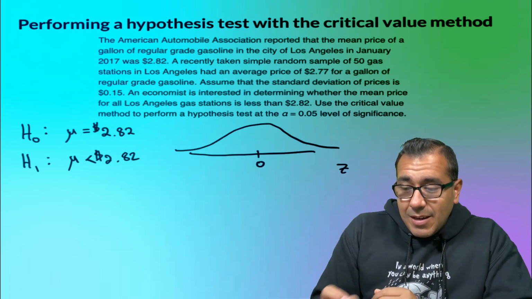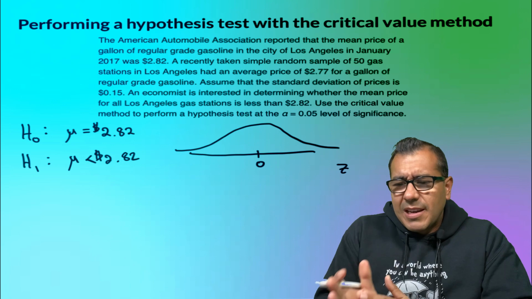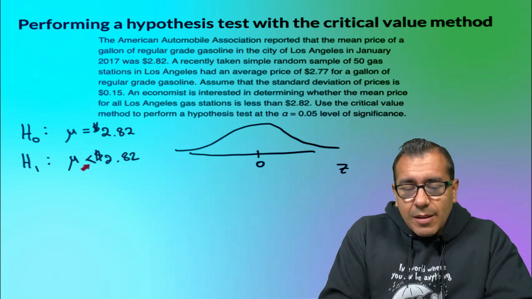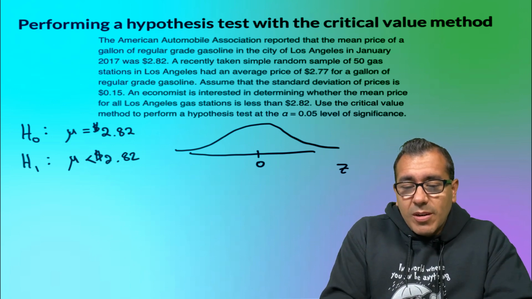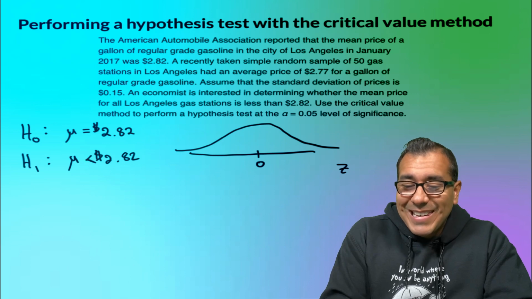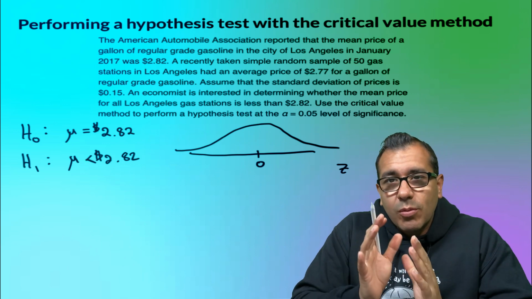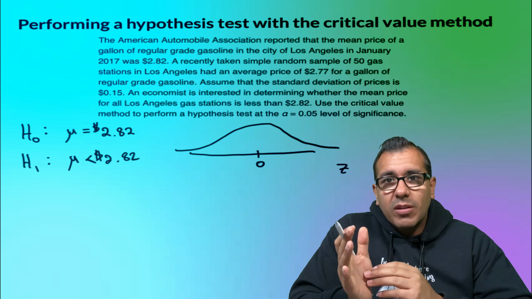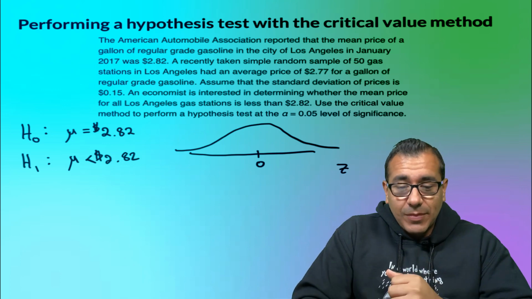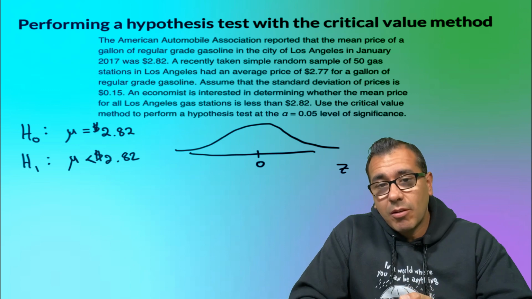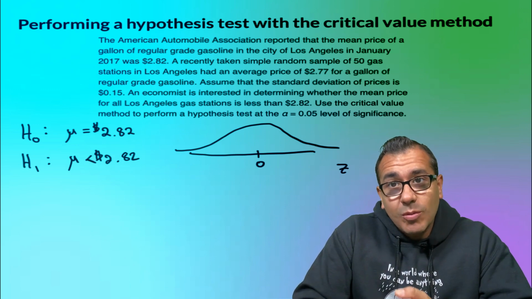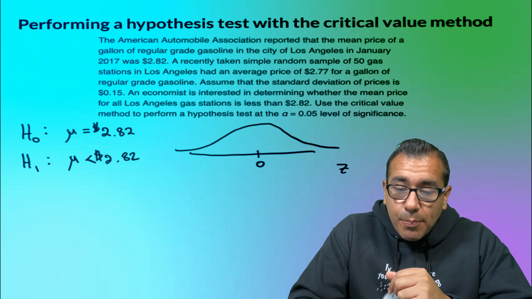People usually struggle with whether this is a left tail or a right tail. Look at the alternative hypothesis: we want to show that the mean is less than, so we're dealing with a left tail test. If it were greater than, we'd be looking at a right tail. If it were not equal to, you would have both tails.